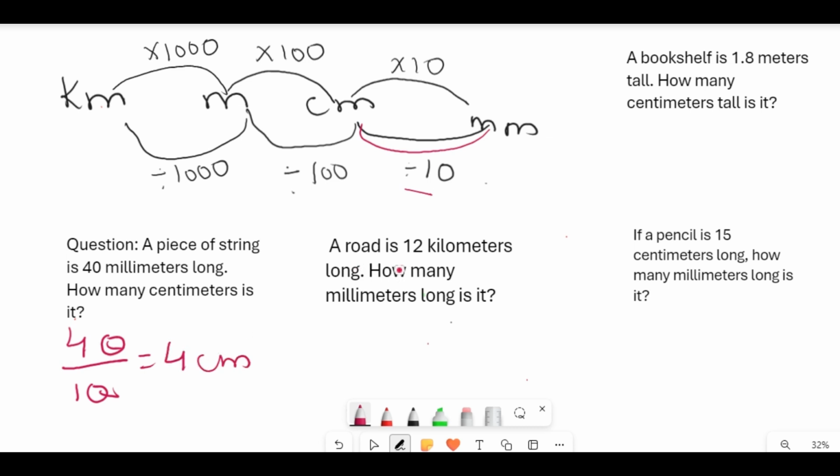Second one, a road is 12 kilometers long. How many millimeters long is it? So you need to convert kilometer to millimeter. That means you need to convert a bigger unit to a smaller one, so you will multiply.